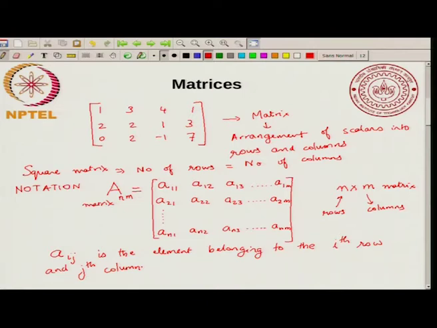We will use capital letters to denote matrices and small letters with subscripts to denote the appropriate elements of matrices. Needless to say, a square matrix has m equal to n, so number of rows equal to number of columns. For a square matrix, you typically denote it by A n n. So, it is an n by n square matrix. This is the basic of matrix.